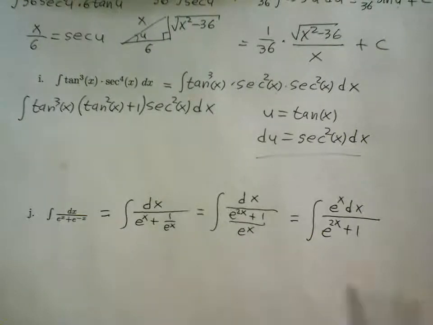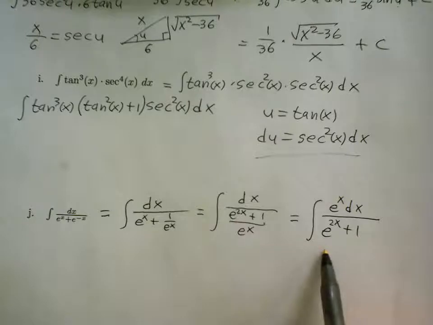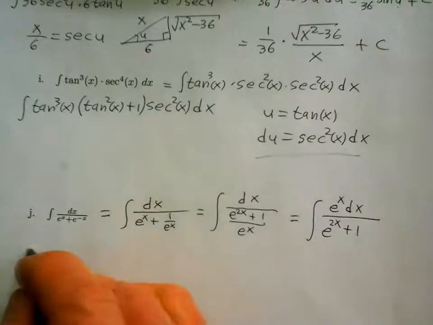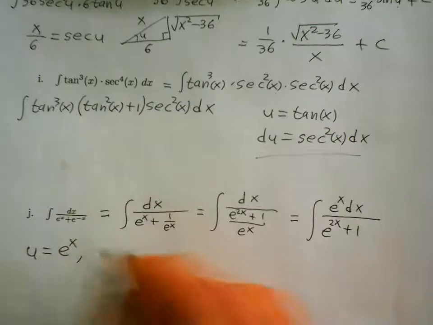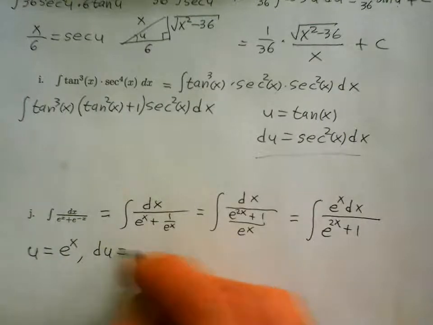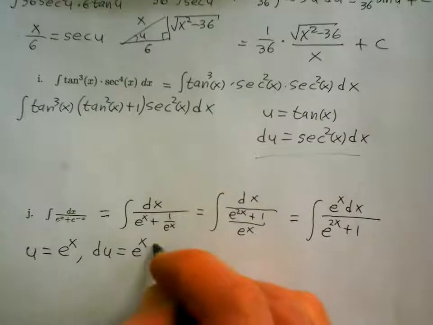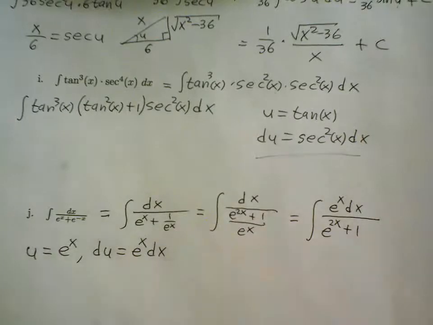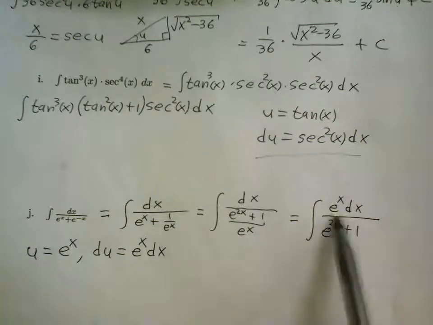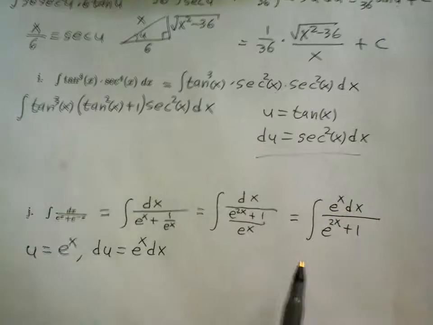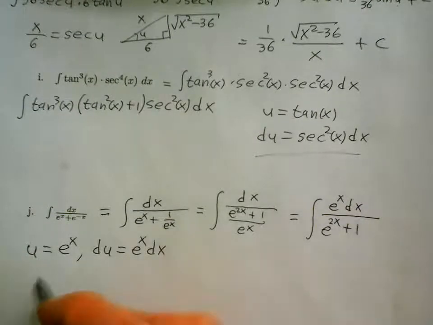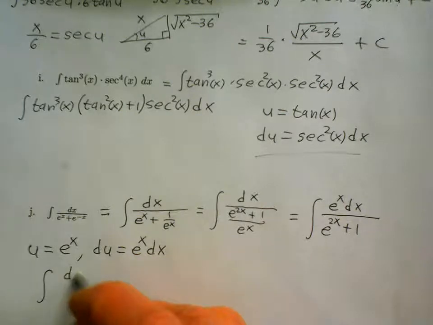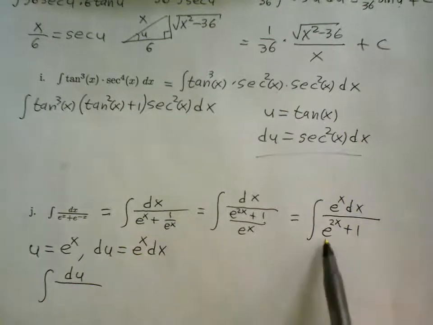Okay, so there's a fairly obvious substitution we can make if we assign u to be e to the x, and du will be e to the x dx. So we see e to the x dx in the numerator, so we will replace that with du. And in the denominator, replace e to the 2x with u to the second.